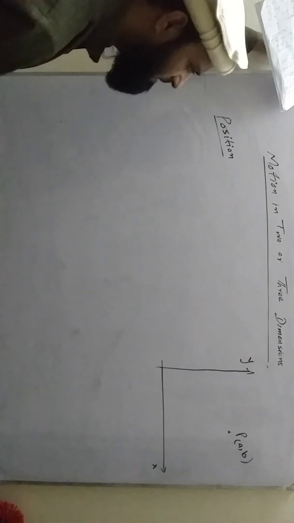Let us consider a point P on the xy plane with coordinates a and b. The location or position of this point is indicated by the coordinates a and b, which shows that the point P is located at a distance a along the x-axis and b distance along the y-axis.